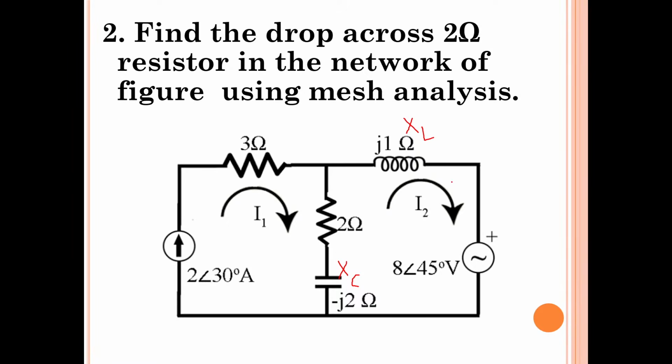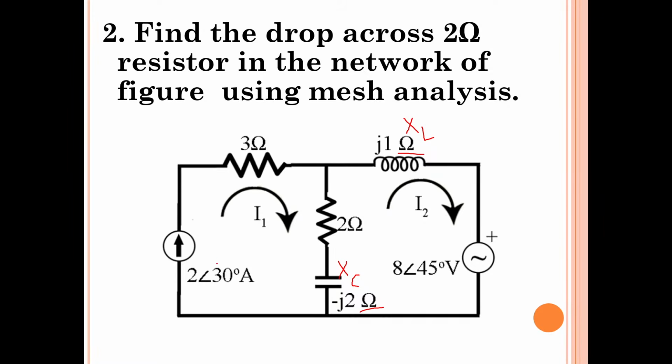You know how to calculate the reactance if the capacitance and inductance values are given. But here just observe the units. Whenever capacitors and inductors are there in the circuit, observe the units. If the units are ohms, that means it is the reactance value. So XL value is given and XC value is given.